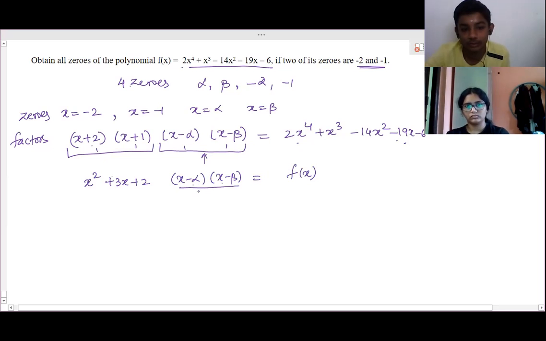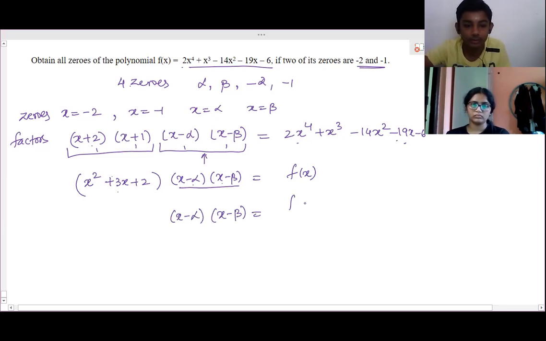Take the known polynomial to the RHS, as this is a product form. So to find x minus alpha into x minus beta, we have to divide fx by this polynomial, x square plus 3x plus 2.